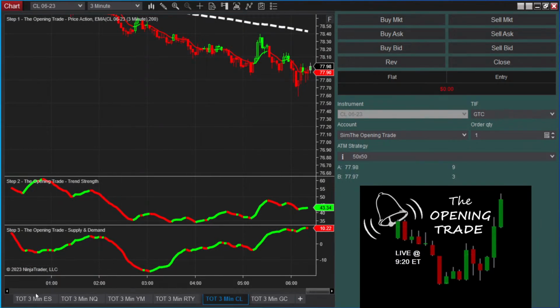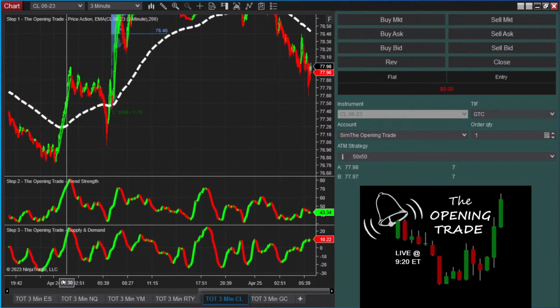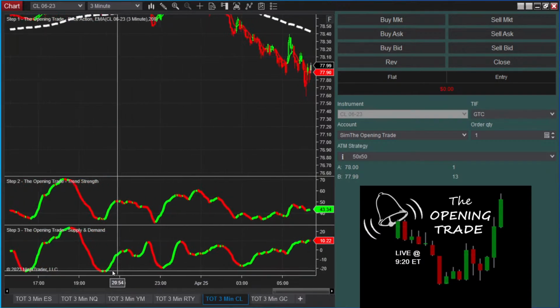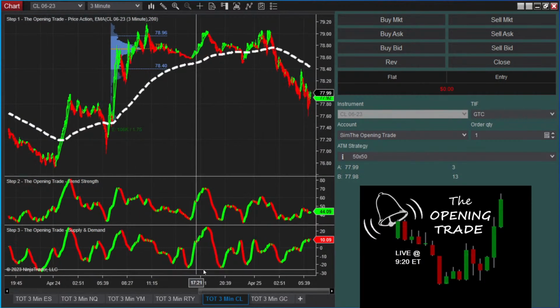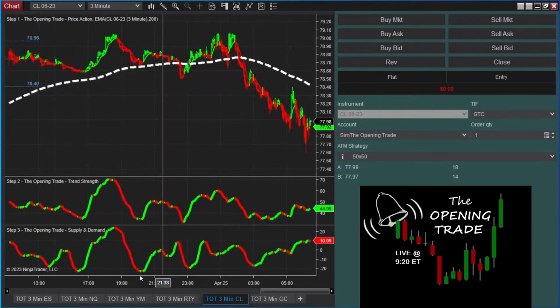So let's take a look at the crude oil here. So here's yesterday. It obviously had a lot of movement there into today. There we go. Let's look at that again. Okay, here is yesterday through to today.